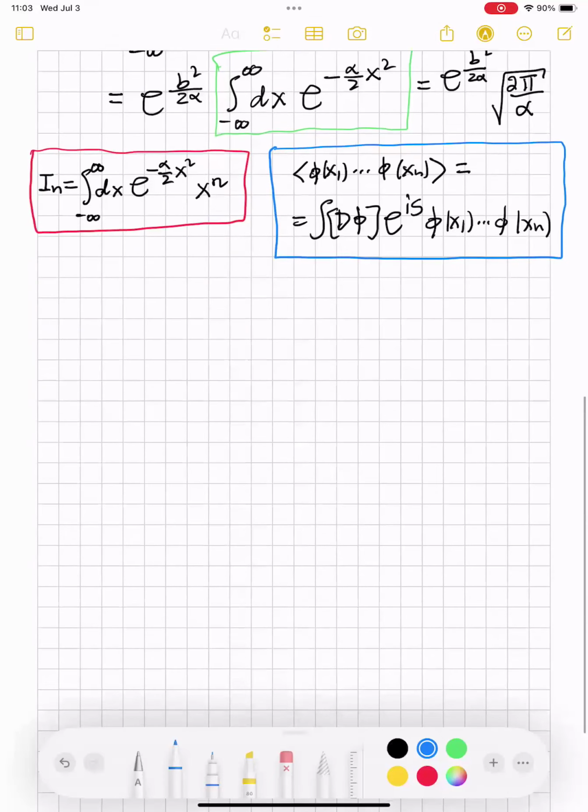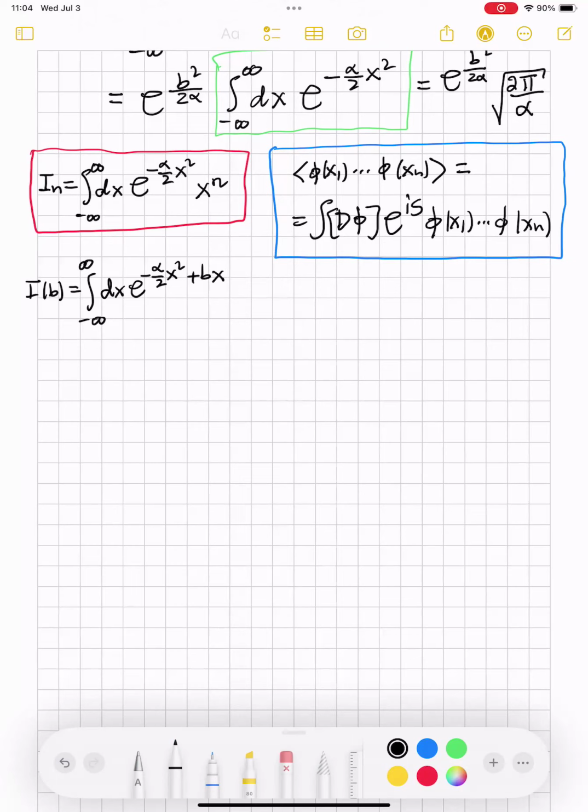So what did we do with our toy problem? Well, we said let's introduce a function, I of b, and I of b was defined to be an integral from minus infinity to infinity dx, e to the minus alpha over 2 x squared plus bx.